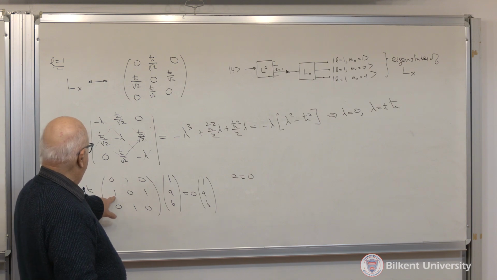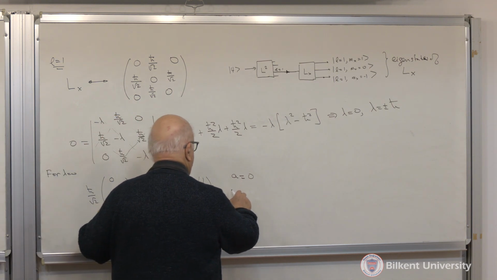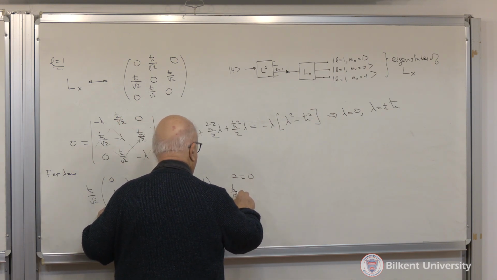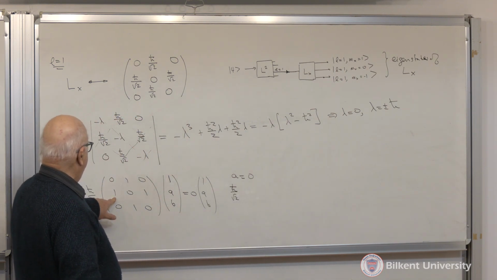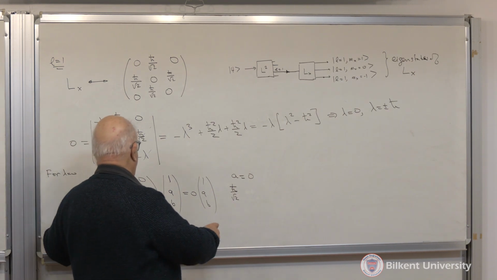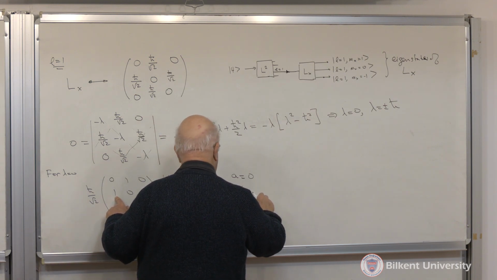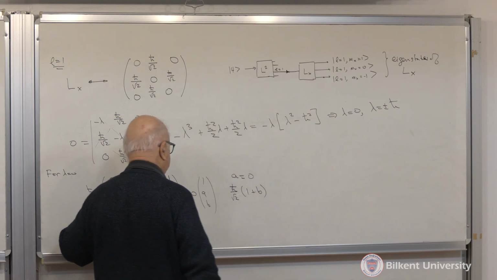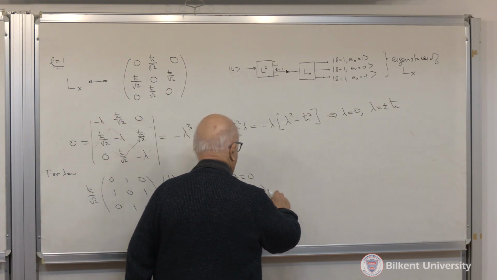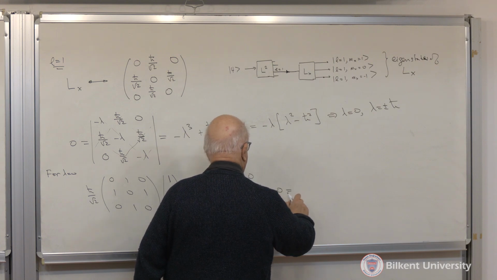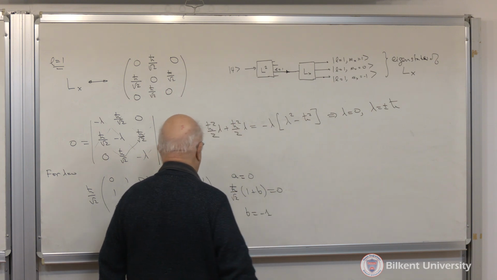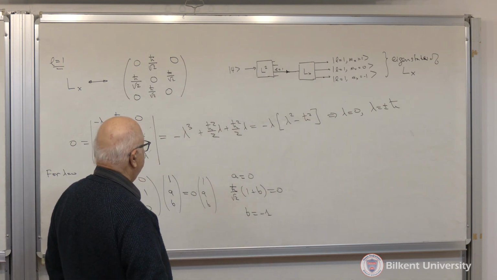So I get h bar over root 2 times 1 plus b, please check my algebra, is equal to 0, which means that b is going to be equal to minus 1. So I found my eigenvector.